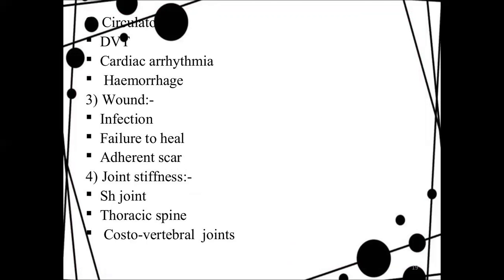Circulatory: DVT, deep vein thrombosis, cardiac arrhythmia, hemorrhage. Wounds: infection, failure to heal, adherent scar. Joint stiffness: shoulder joint, thoracic spine, costovertebral joints.